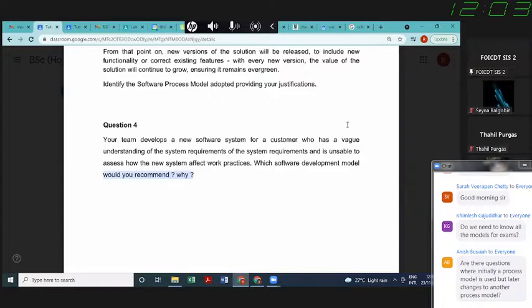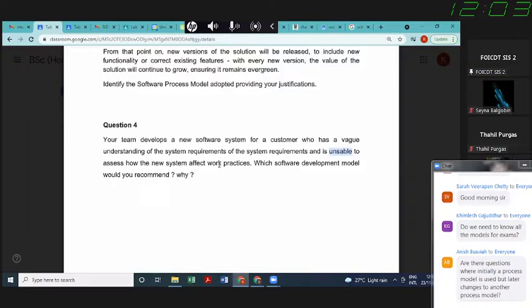So I use the incremental model, as the customer is unable to assess the new system's work practice. You mentioned incremental model, and why? The user has a vague understanding of the requirements.